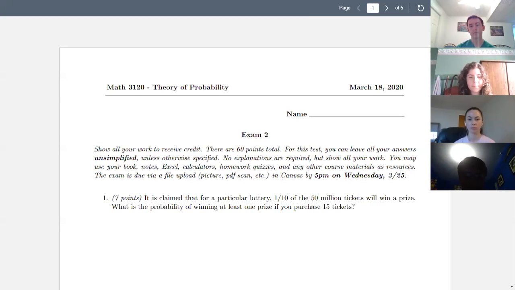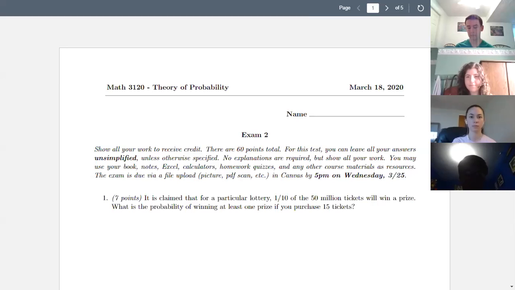And the hypergeometric is the one where you had a giant 50 million pool, a good side, and a bad side. Remember that? And you're just counting the number of good things in a sample of size 15. Okay?